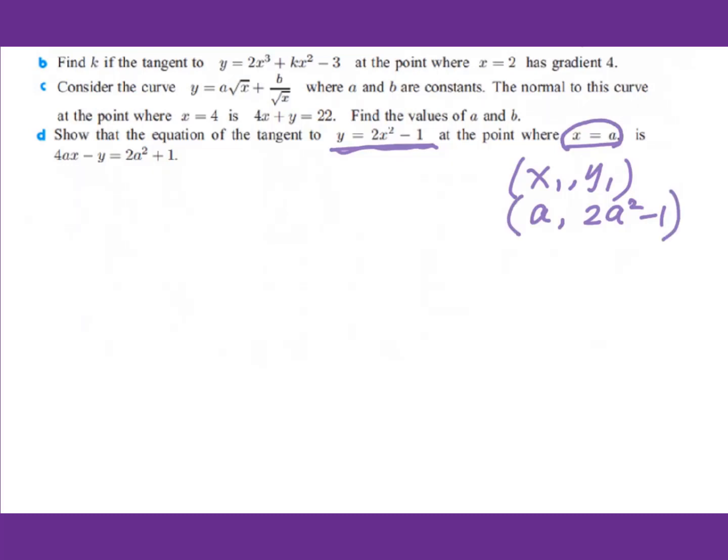Then we're looking for the slope of a tangent line. That is y prime. It will be 4x. Since x equals a, therefore, you can get the slope of a tangent line at x equals a equals 4 times a. That's 4a.